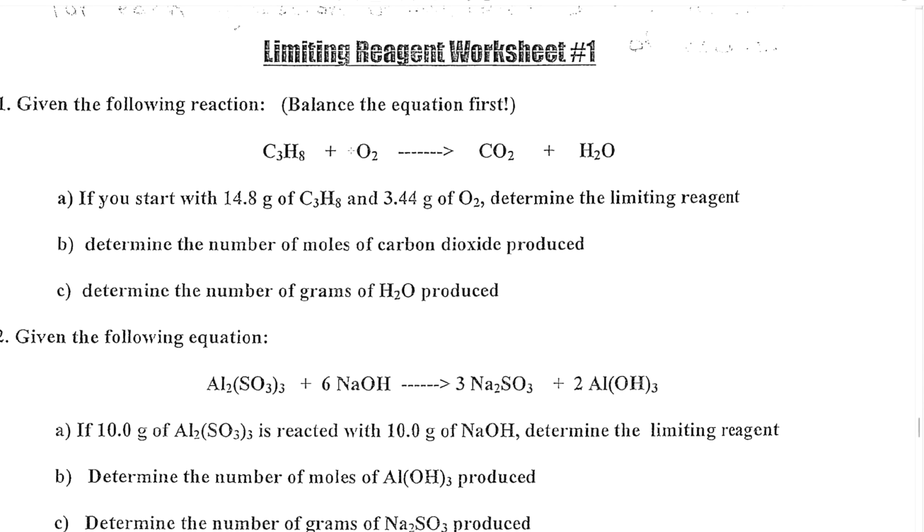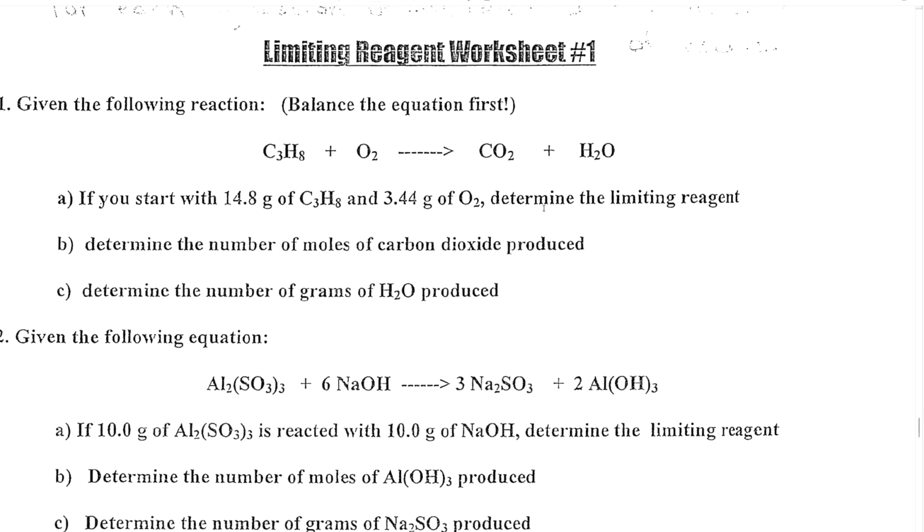Okay, so I just wanted to explain a couple things about this because both of the examples in the notes had only one product. So it's important to realize that if you're working out the limiting reactant or limiting reagent and you're comparing, so in this case, propane to oxygen, you want to just choose one of the products to convert to. And it actually does not matter whether you choose carbon dioxide or water.